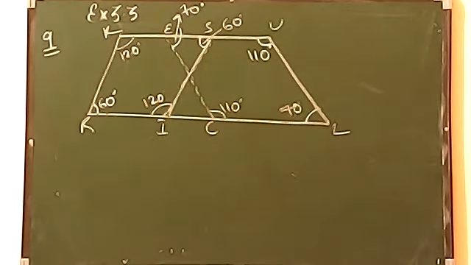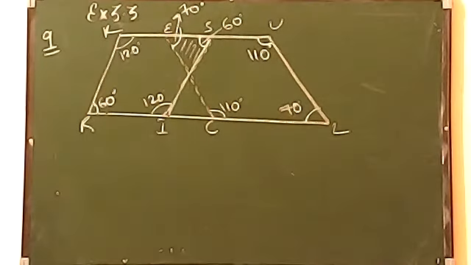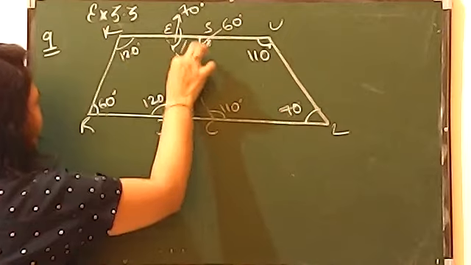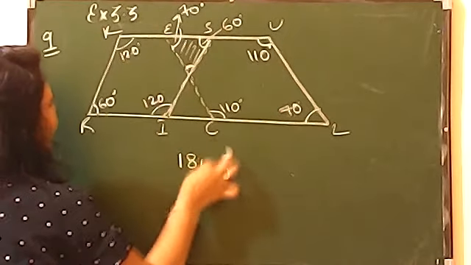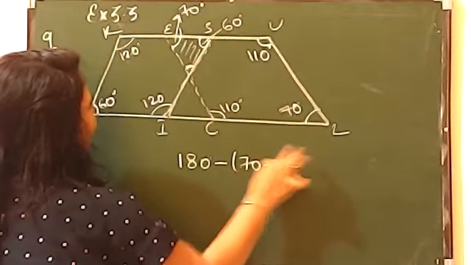Now you can see this is a small triangle. And this small triangle has three angles. And we have got two angles. One is 70, one is 60. So if you have to find out this angle, how will you do that? 180 minus 70 plus 60.